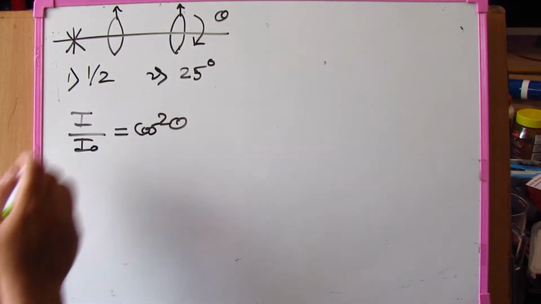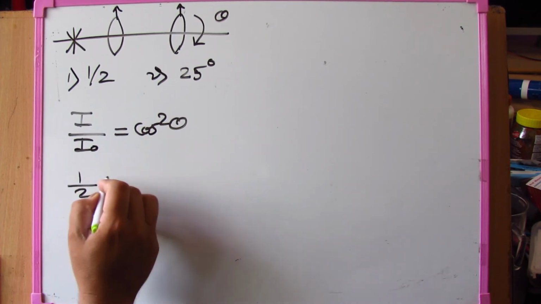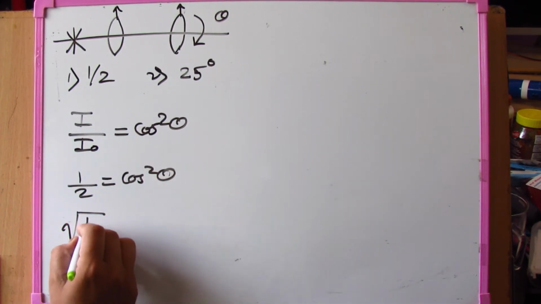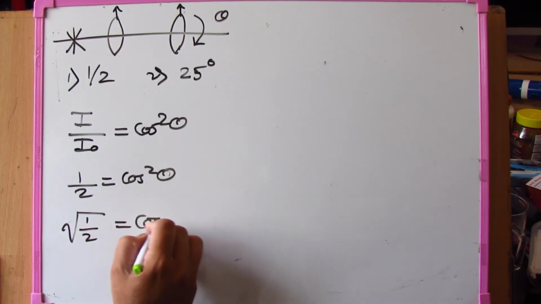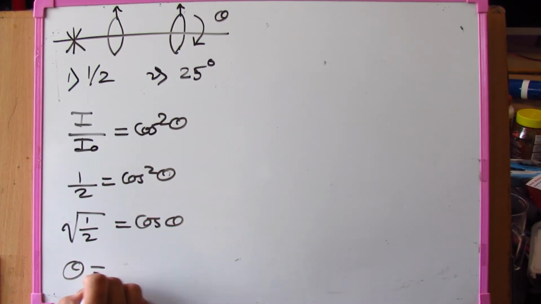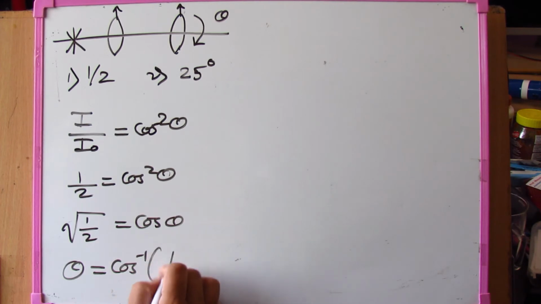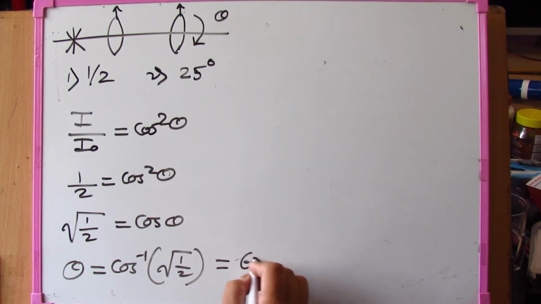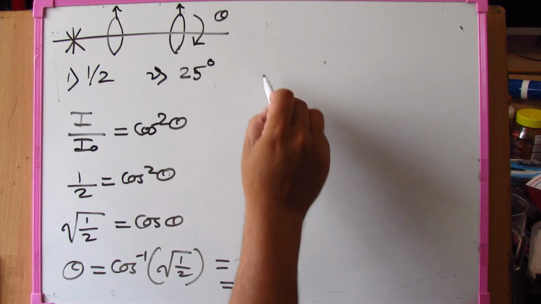The first part is easier. 1/2 is equal to cos square theta. Take the square root: under root 1/2 equals cos theta, and theta will be cos inverse of under root of 1/2, and that is simply 60 degree or 180 degree minus 60 degree, that is 120 degree. This is the answer. There should be no problem in this.